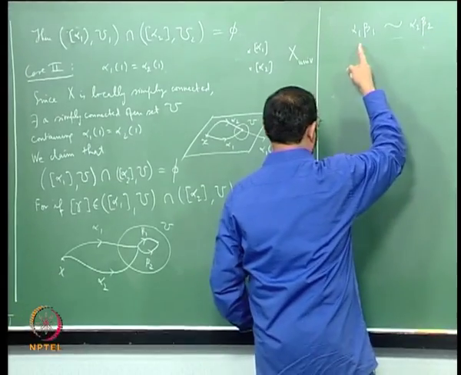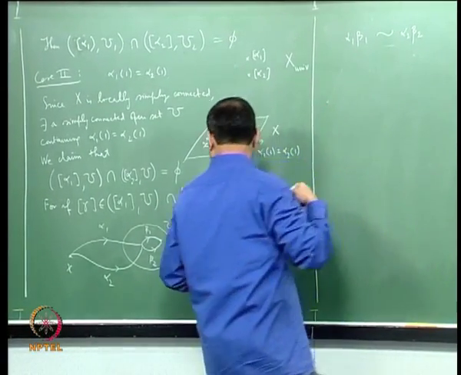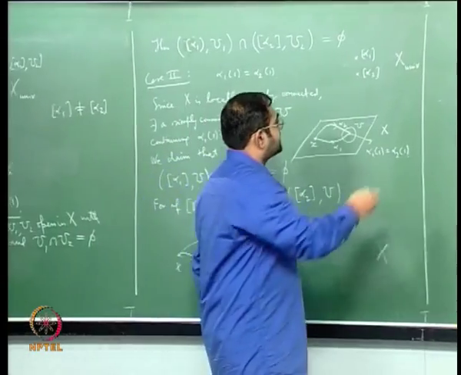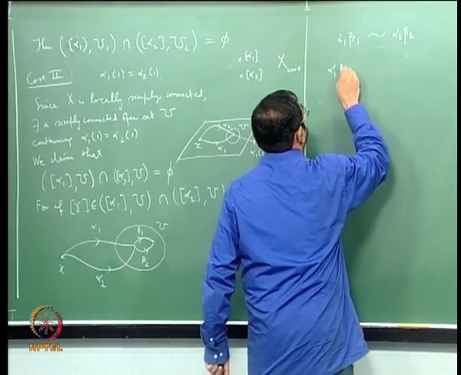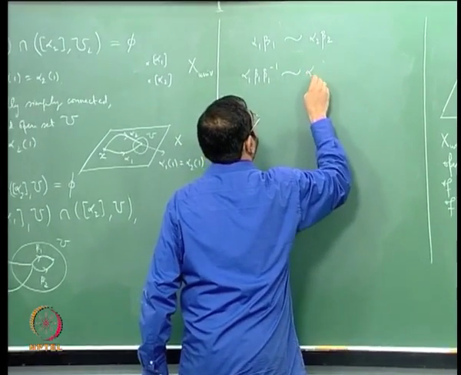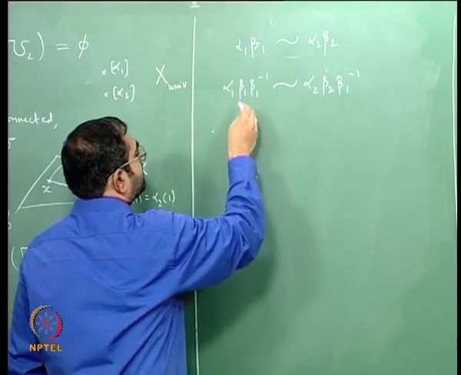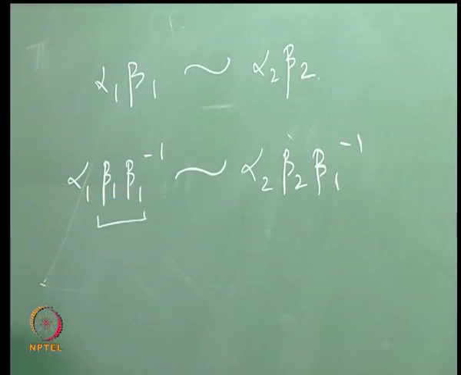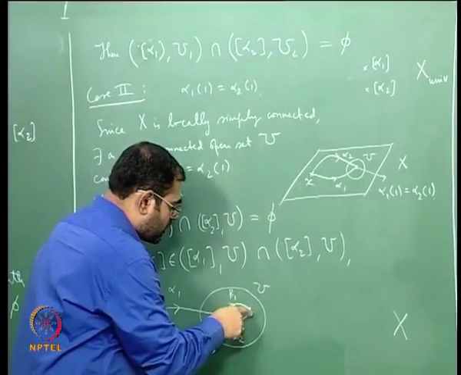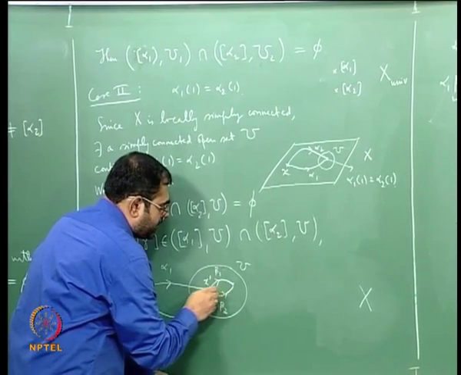And see now what I can do is that I can operate by beta 1 inverse on the right. So what I will get is alpha 1 beta 1 beta 1 inverse is going to be homotopic to alpha 2 beta 2 beta 1 inverse, okay. But you see beta 1 followed by beta 1 inverse, so let me call this point x prime, alright.